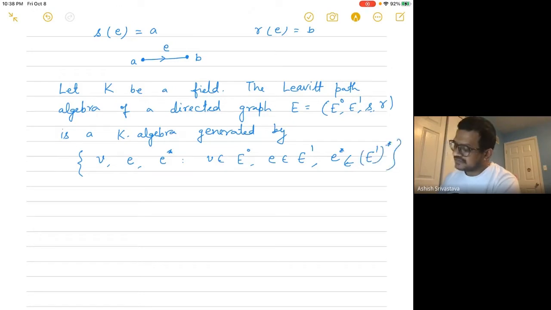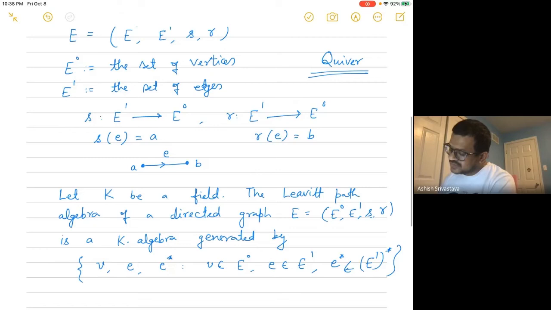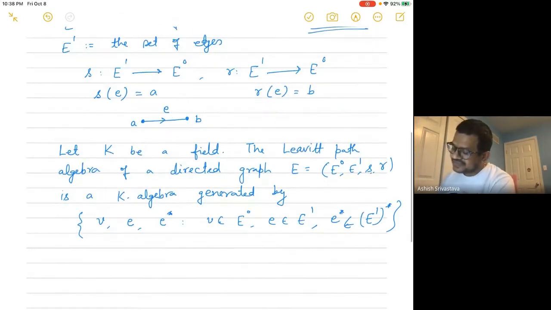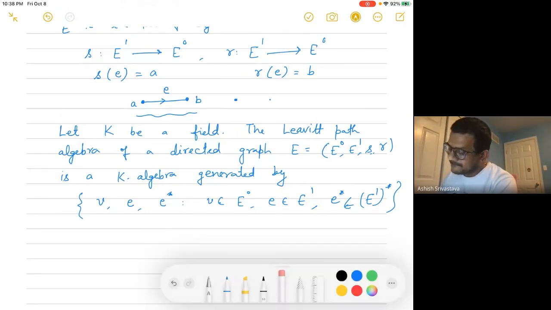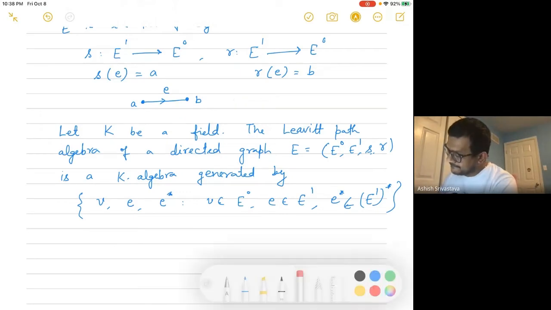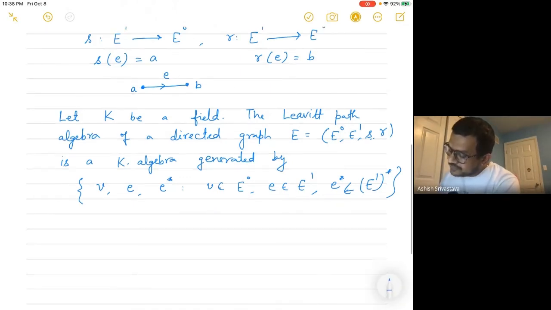So let me first mention what. So for every edge, so if E is an edge like here from A to B, we'll consider the edge going backward. So we will imagine this edge going backwards, and we will call it ghost edge, and we'll denote it by E star.